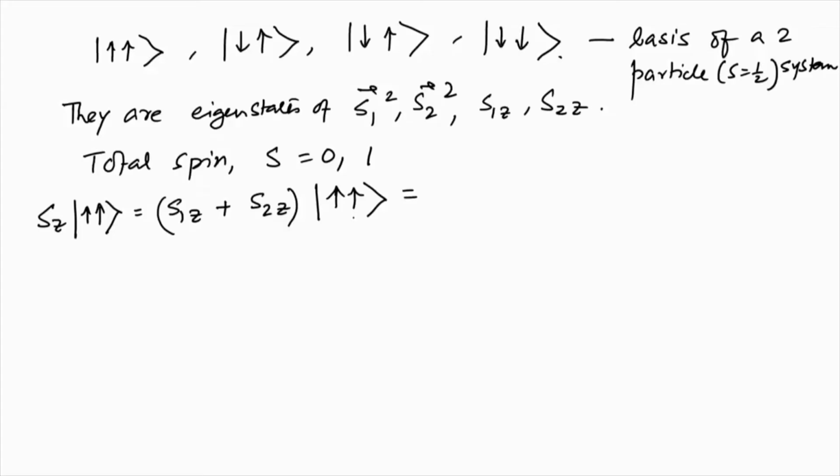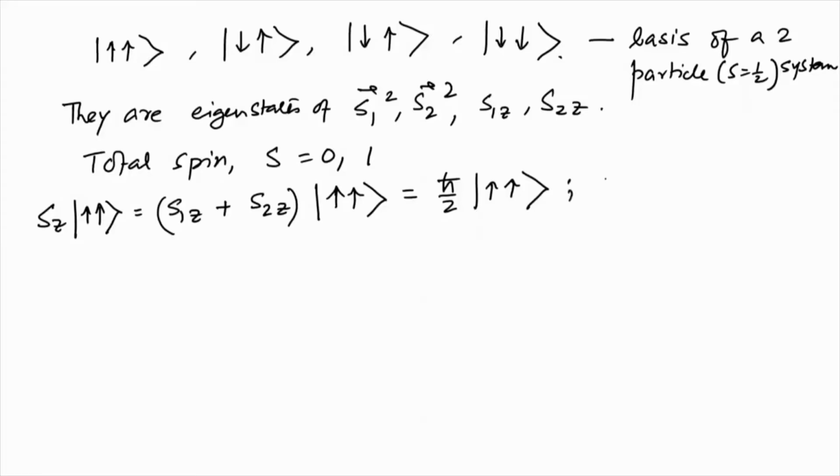So, this will give me h cross by 2 for each one of them, and I will get h cross and up up. As we have said, these are eigenstates of these operators. So, I get an eigenvalue equation: Sz acting on the up up state gives me h cross as the eigenvalue and returns the up up state as well.